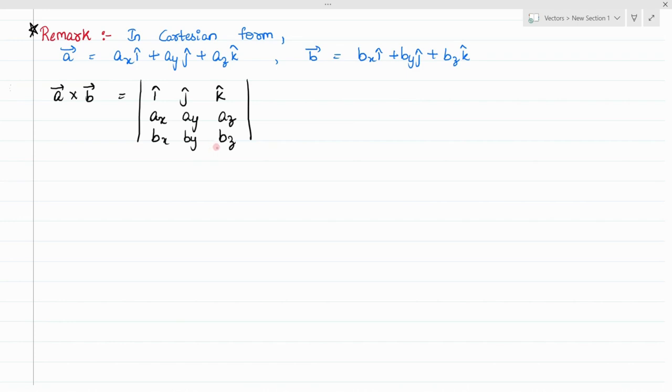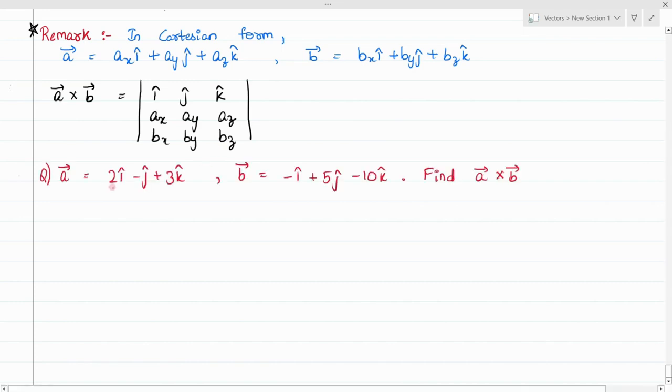If not, let's take an example and solve it so that you'll get a better idea how to do these questions. In this question, two vectors are given, that is A and B, and both are given in the Cartesian form, and we need to find A cross B. So just now we have discussed a formula, that is A cross B is written as i cap, j cap, and k cap.